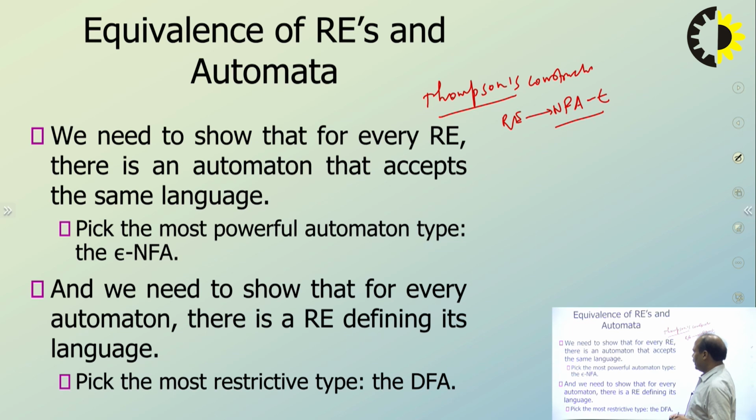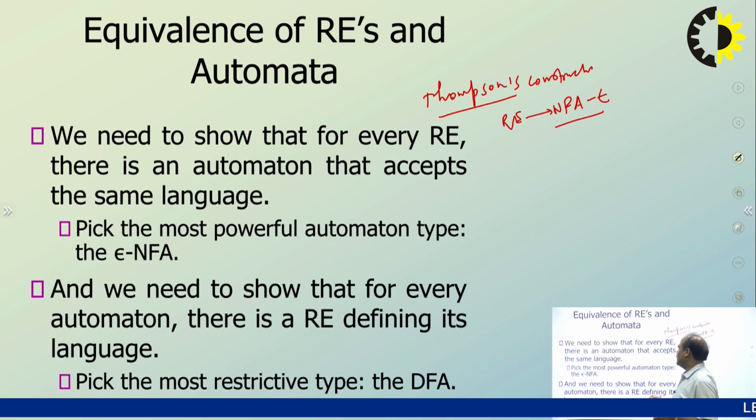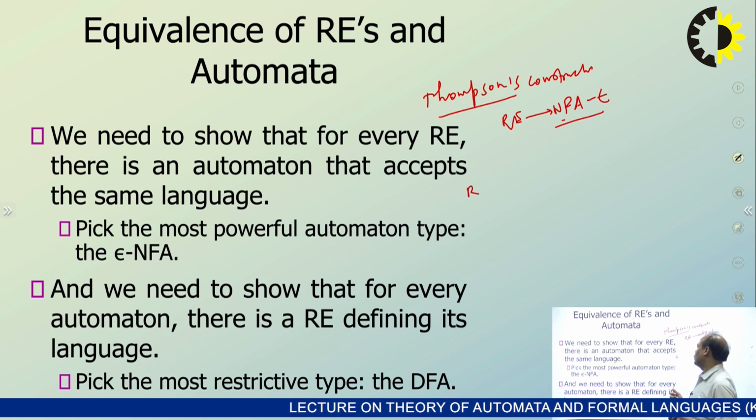So let's understand this. We need to show that for every regular expression, there is an automaton that accepts the same language. Regular expression to NFA with epsilon. In this one, we pick the most powerful automaton type, which is the NFA with epsilon moves. This is the most powerful finite automaton.